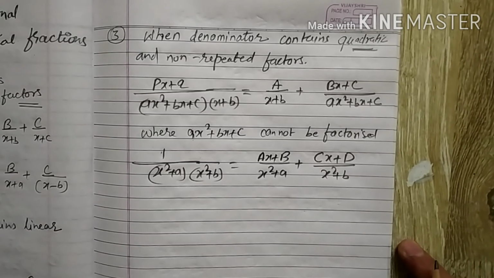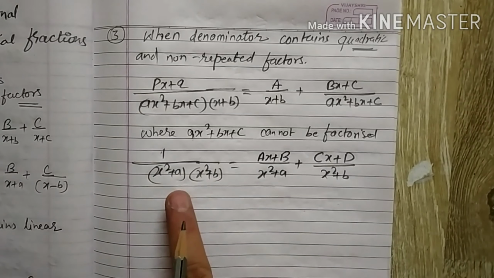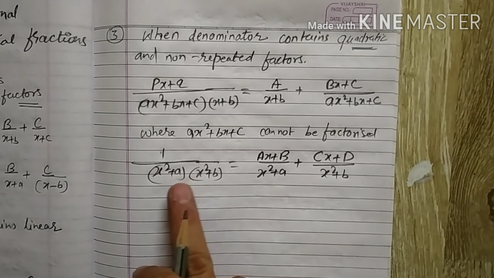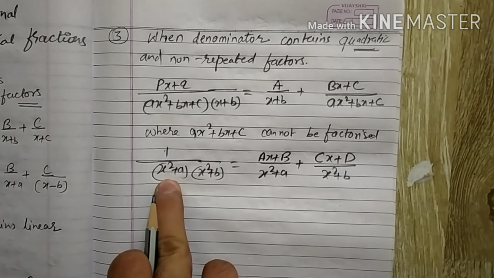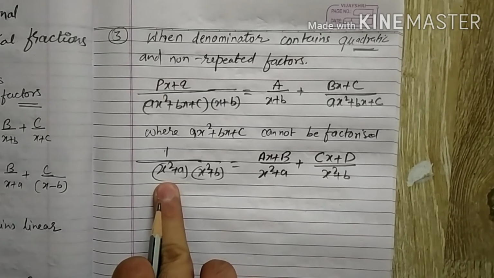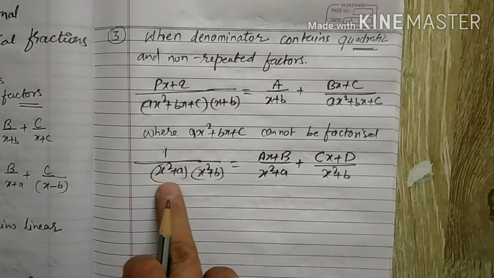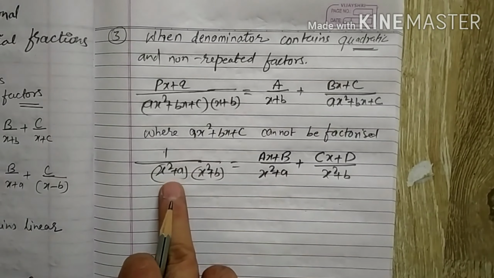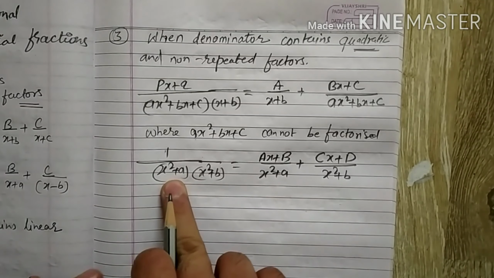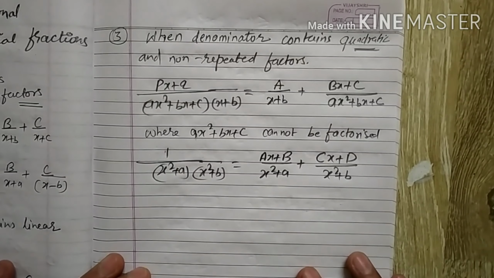A very important concept you have to observe: this will not produce any real root, that means there will not be any real value for which this factor is 0. So we are saying that this is not factorizable. I hope you are understanding the concept of factorization.